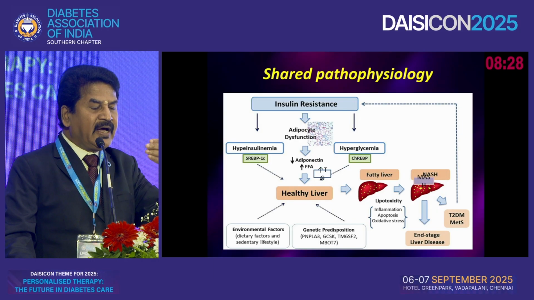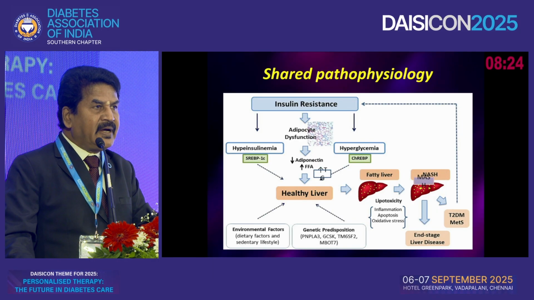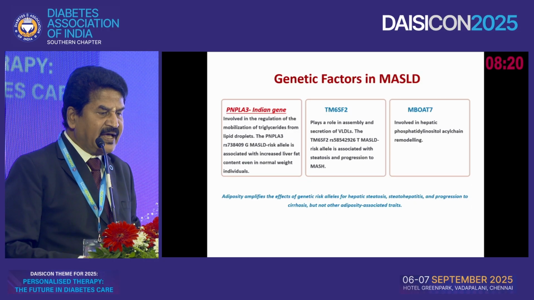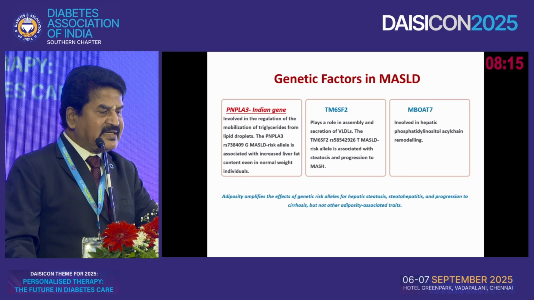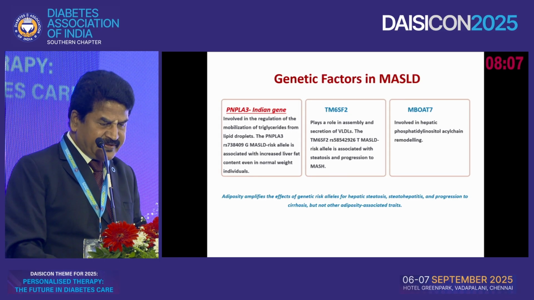It progresses to MASH and in turn development of T2DM and metabolic syndrome, and end-stage liver disease. So what are the genetic factors in MASLD? One important gene, the Indian gene PNPLA3, is associated with increased liver fat content even in normal weight individuals.